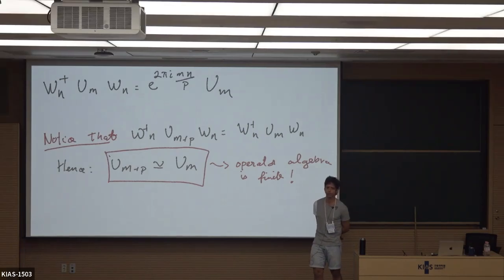There are p local operators in this theory. And by the same argument, there are only p extended operators, for n from 0 to p minus 1, and m from 0 to p minus 1. So the operator algebra of this theory is finite. There are only a finite number of operators that I can write down. There are p local operators and p extended operators.